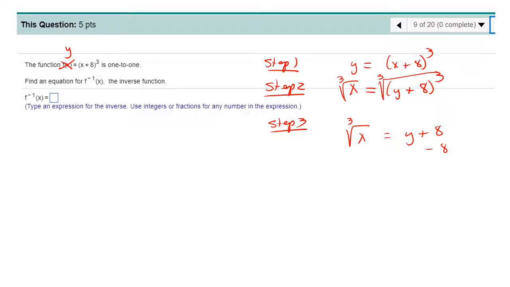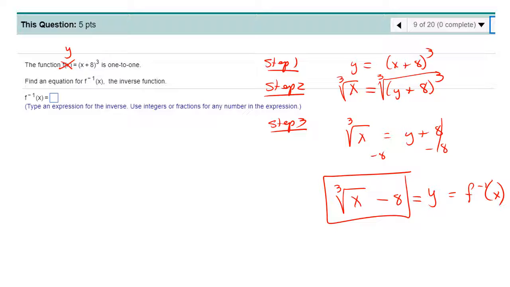Then I would subtract 8. So y is equal to the cube root of x minus 8. And remember, that is the f inverse answer. So in this answer box you would need to type in cube root, don't forget the cube root, of x minus 8. And that is your solution.